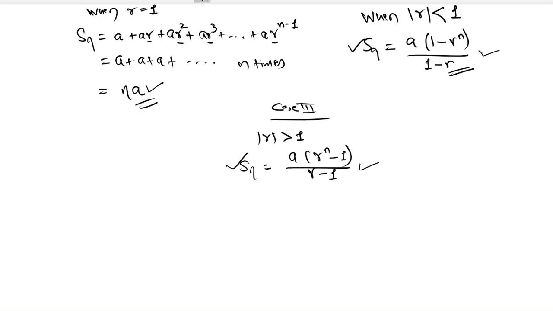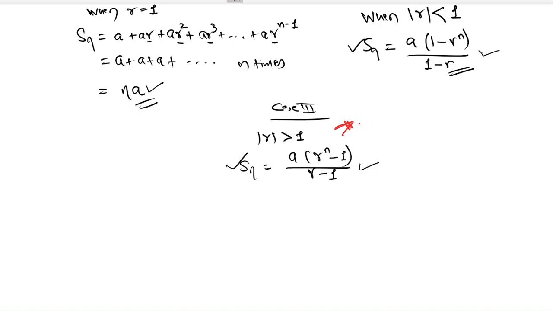So we will use, let's say, third case formula in all our questions, and still we will find the answers. So don't get confused with three different formulae. There are three different formulae for different cases.